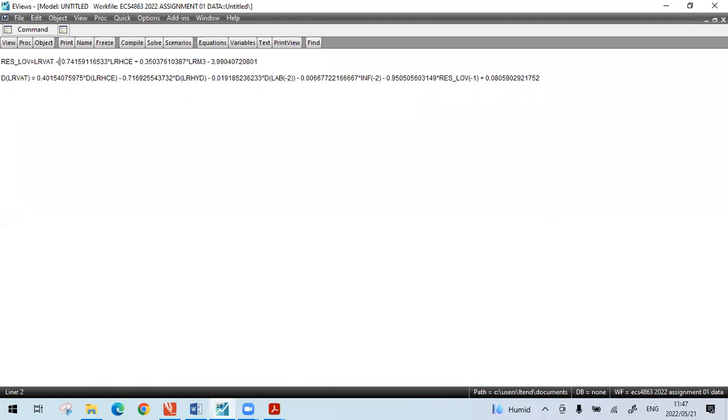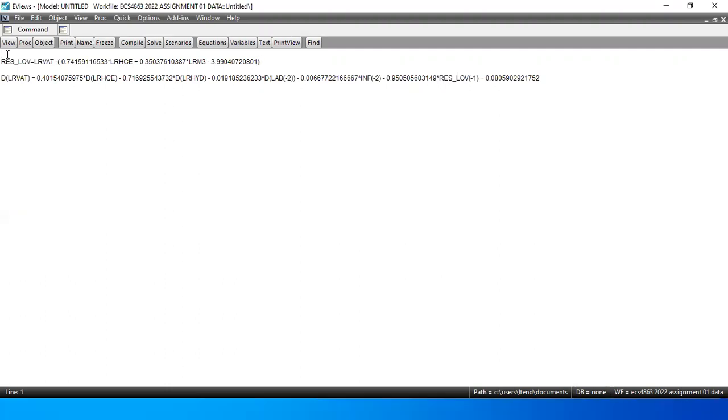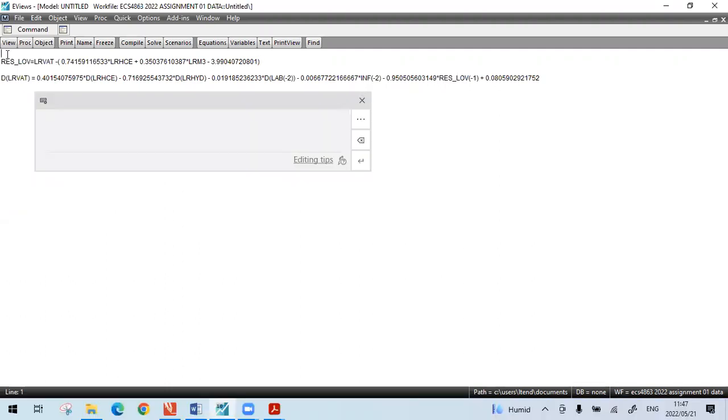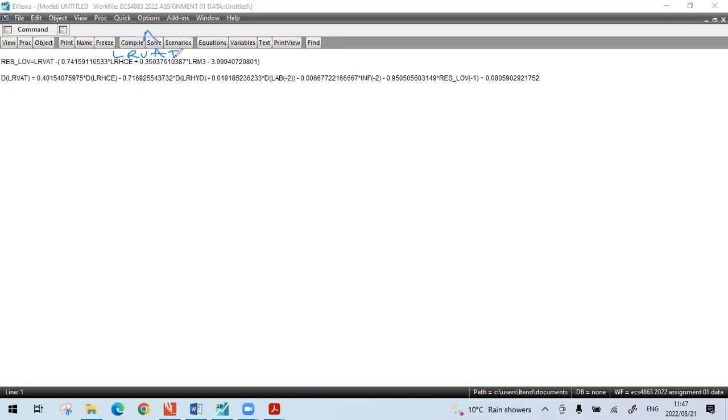Minus everything should be in brackets. It's like here I'm having res LOV. This thing that is in brackets is LRVAT hat. I hope you've seen it. It's fine. We'll need more time on this.